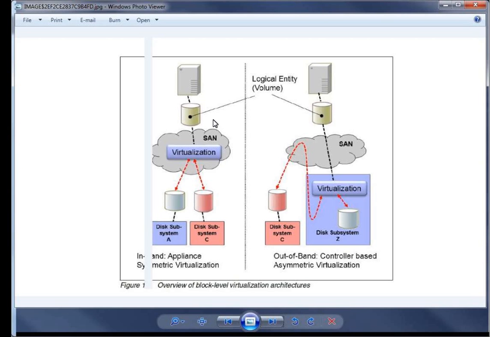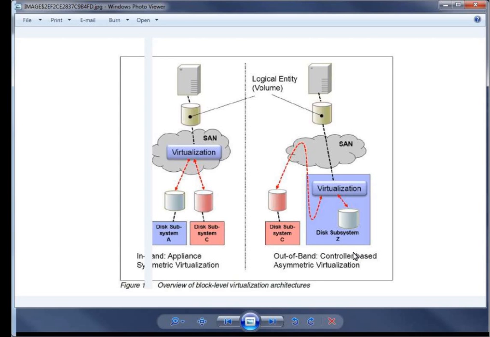Therefore, any of the issues surrounding an acknowledgement that needs to be sent from the disk subsystem C to the host are not a concern in this case. Your data gets virtualized and it sits in the path of your I/O request, while it merely redirects the I/O request in the case of out-of-band communication. In other words, in-band communication essentially makes things faster.